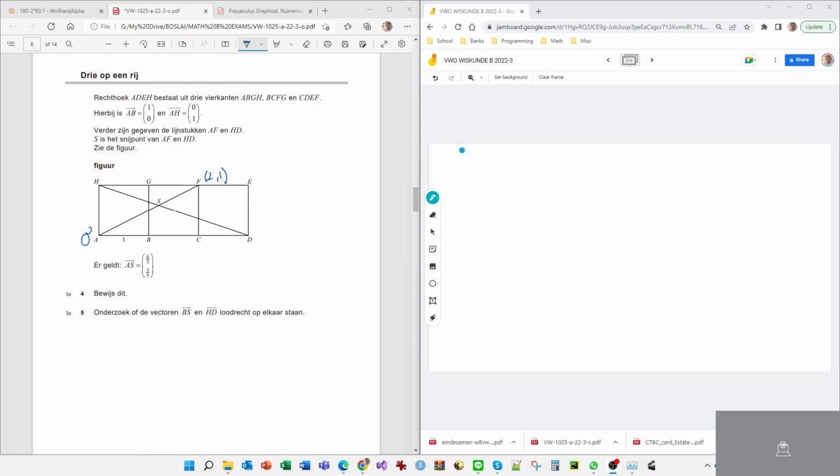Question 5. Onderzoek, which means investigate, if the vectors BS, which is given here, and HD, the vector from here to here, are perpendicular, loodrecht.